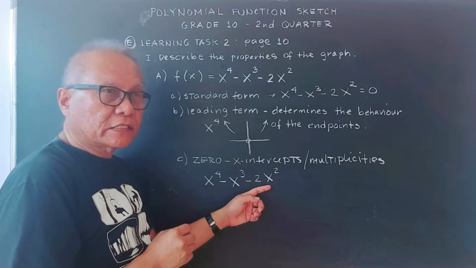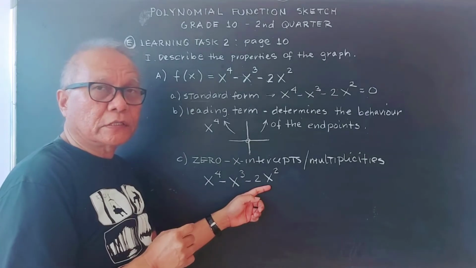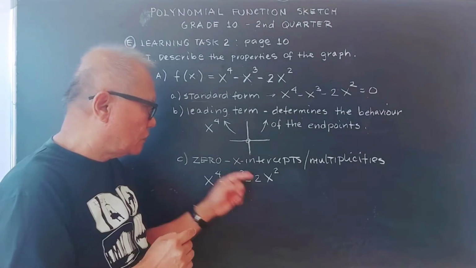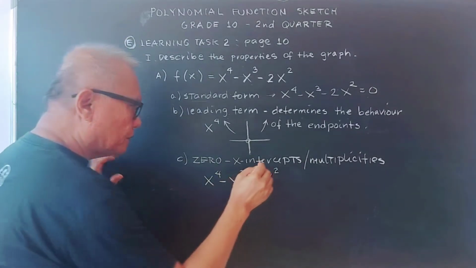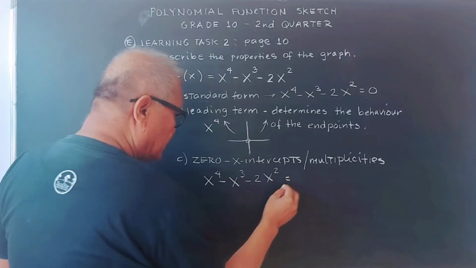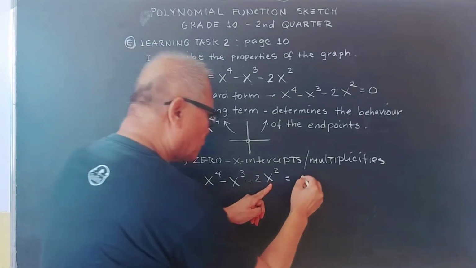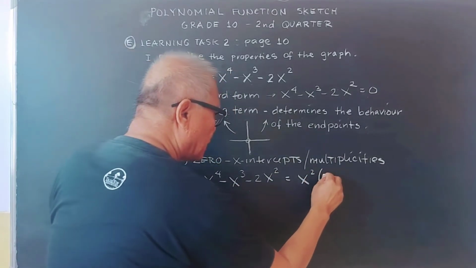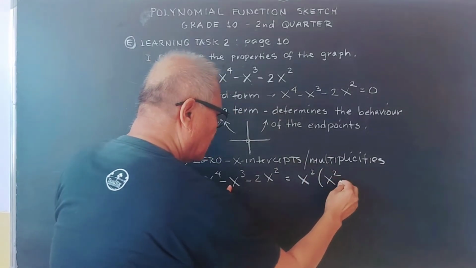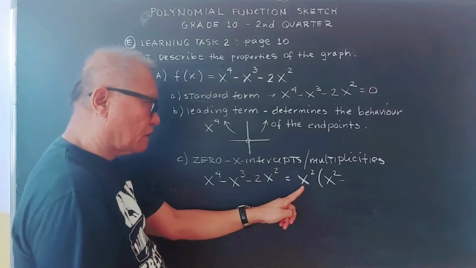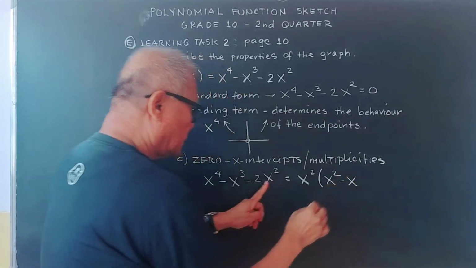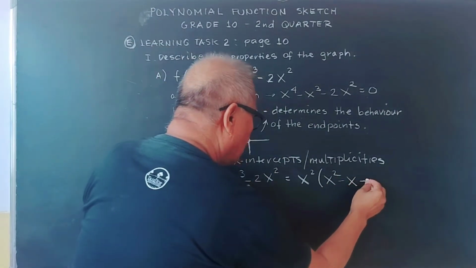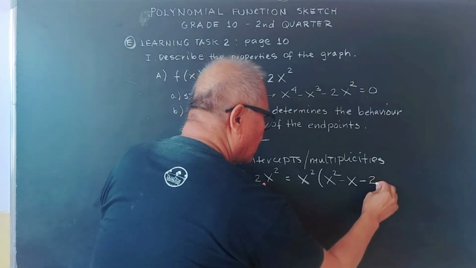And the last one is the hardest, in which we are going to use synthetic division. So here, let us factor. Our GCF is x squared. So we have x squared, and then x squared minus x cubed over x squared is x, and minus 2 here.